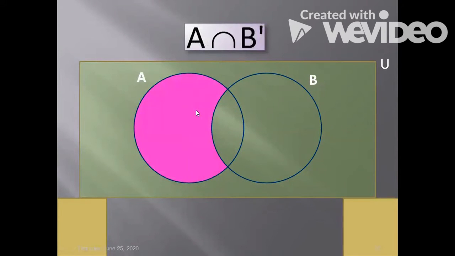All right. As you can see, it's this area. So A intersect B complement is represented by this shaded region here. As you can see, it doesn't touch B at all. But also to know that it didn't go outside the circle.